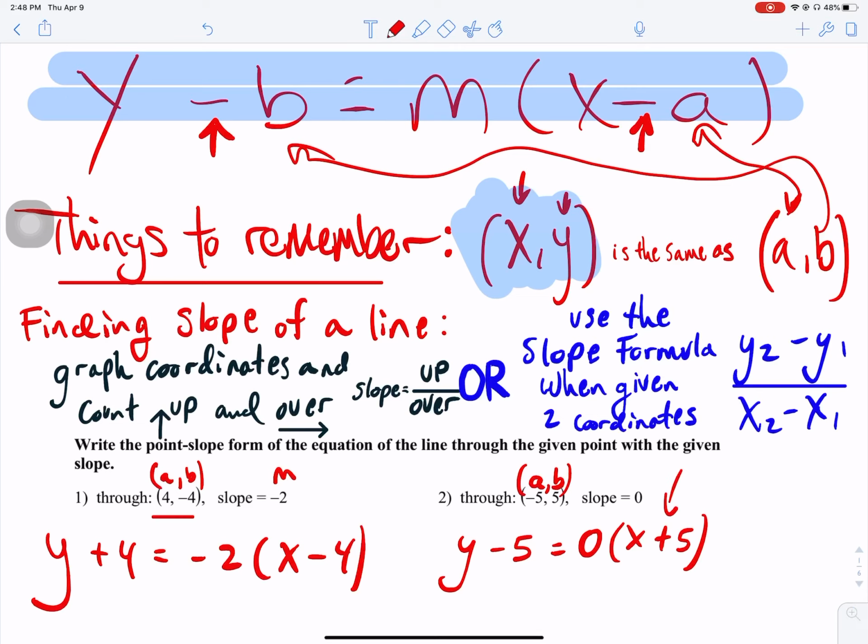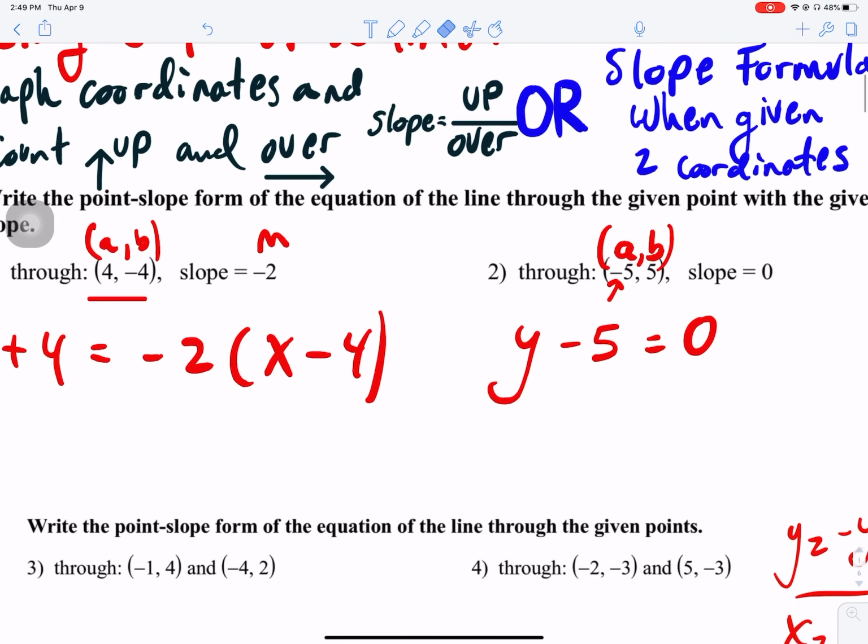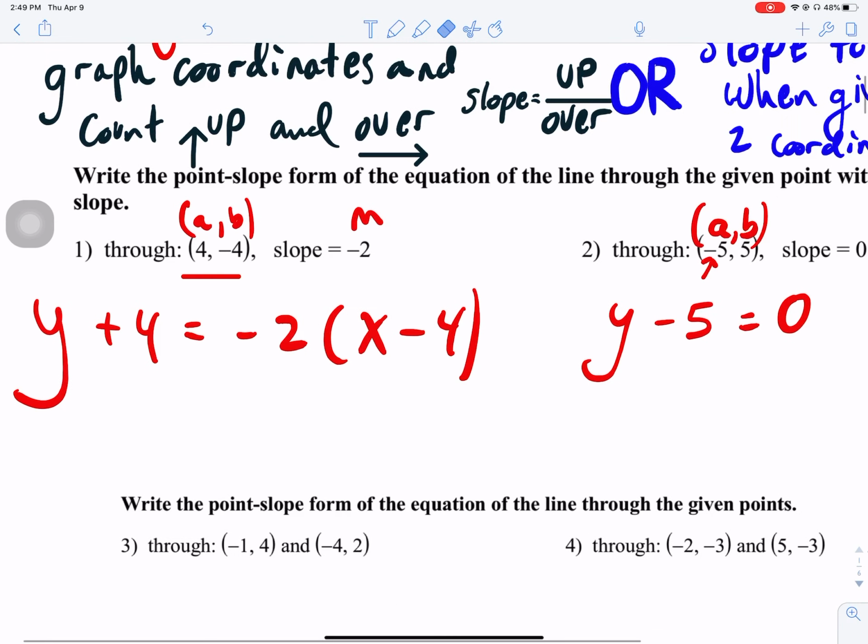And the reason why it's plus is because it's a negative here, right? However, what do you notice about 0 times anything? 0 times anything is 0. So for this problem, we don't even need anything else. We can just leave it like that. So those are your first two answers.